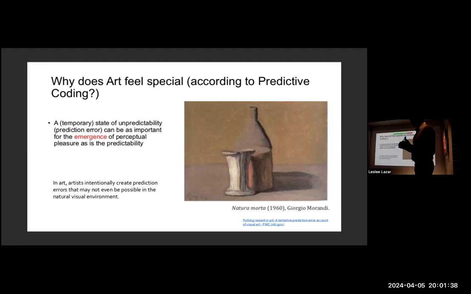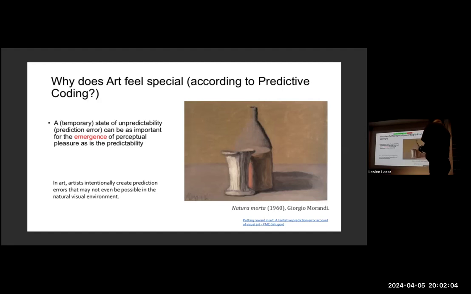We couldn't figure out where the Dalmatian was. And this can be as important for the emergence of perceptual pleasure as predictability is. While you're going through this process of fine-tuning the model and trying to predict what it is, this uncertainty gives some kind of emergence and a pleasure of viewing things.